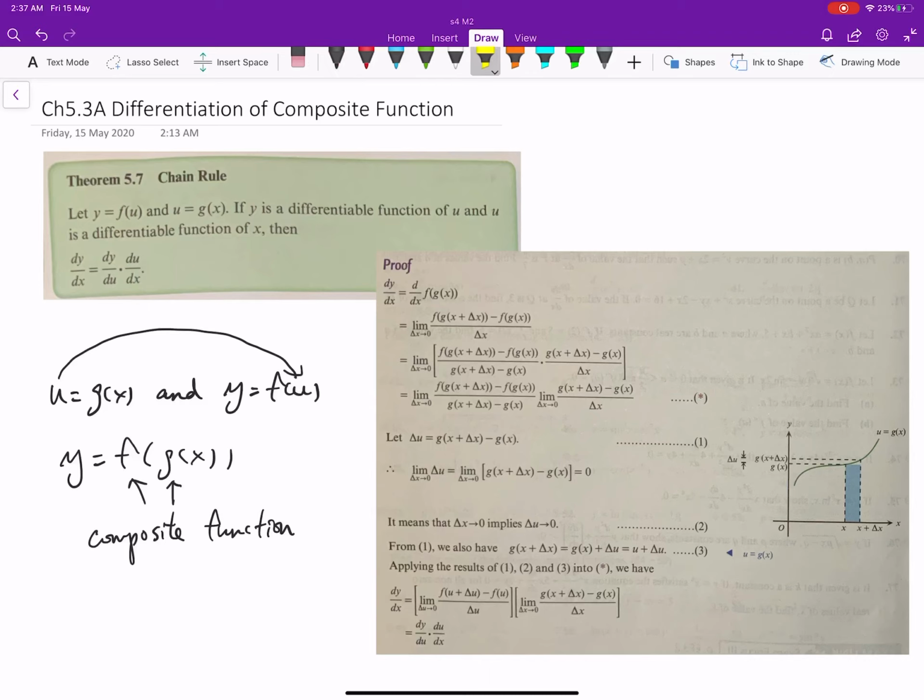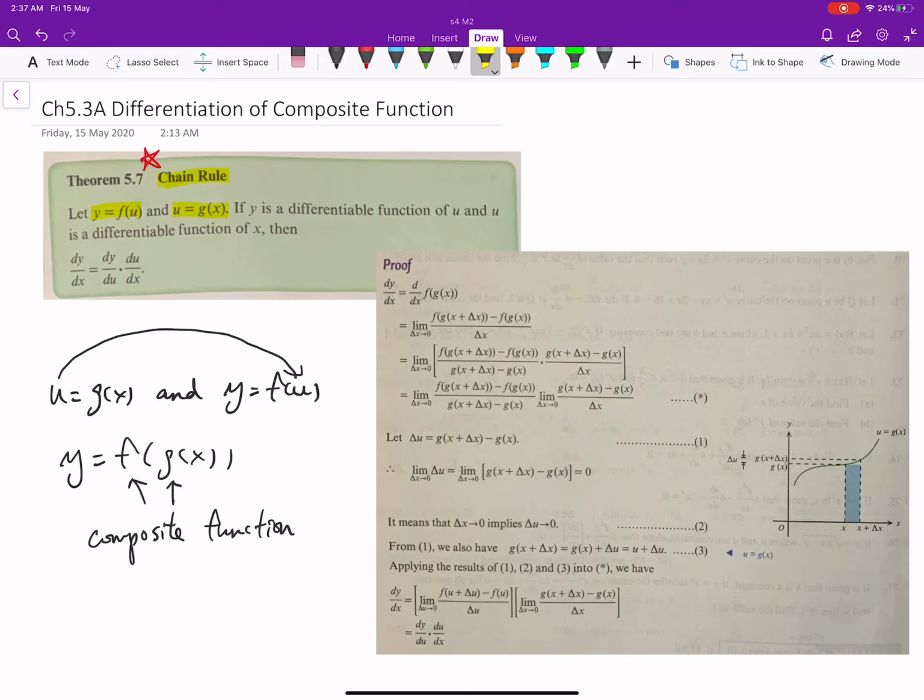And now we go to theorem 5.7, the chain rule. It is a very, very important rule, which you will use all the time in differentiation. Now you have two functions, y equals f(u) and u equals g(x).